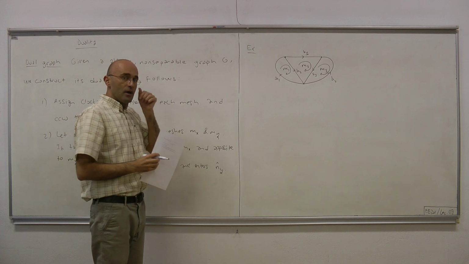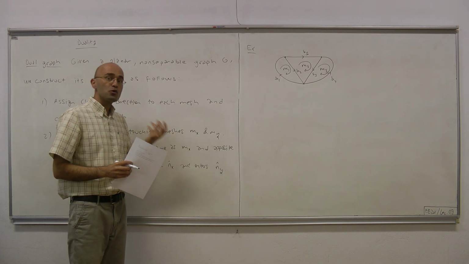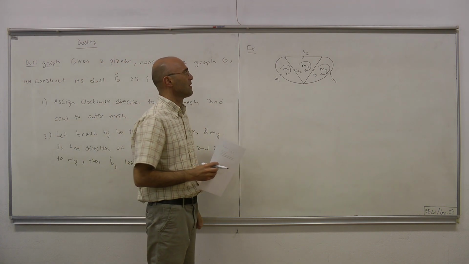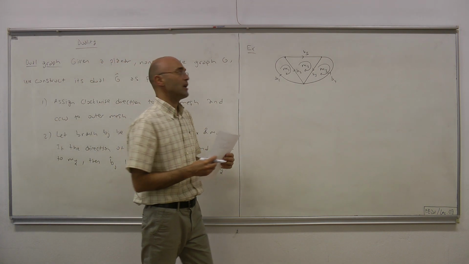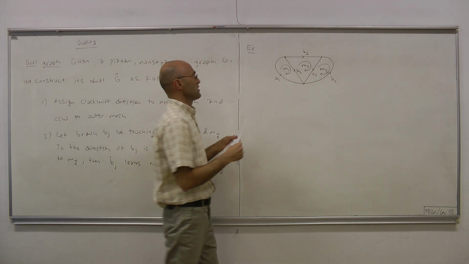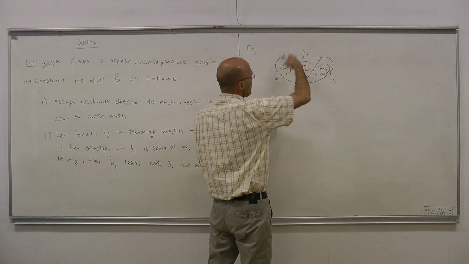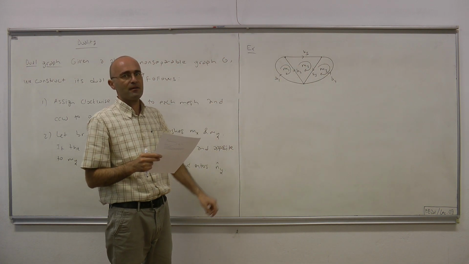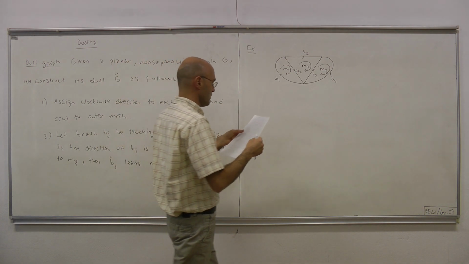To be able to apply this construction, we also have to take into consideration one last mesh, and that's the outer mesh. An outer mesh is this loop that's made of the branches that make the border of the graph for the given drawing.